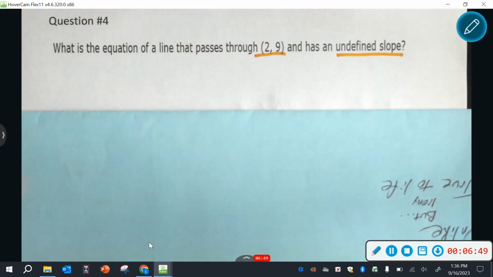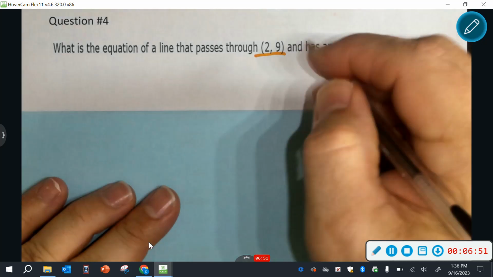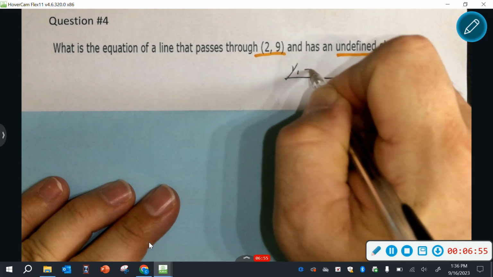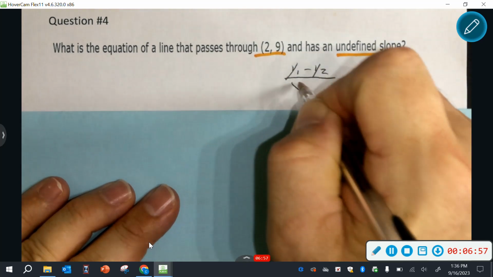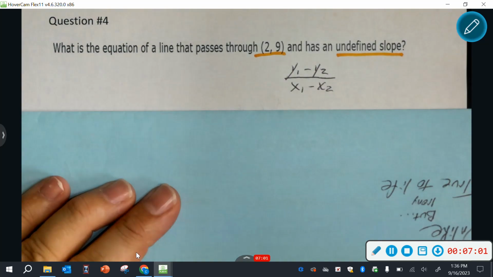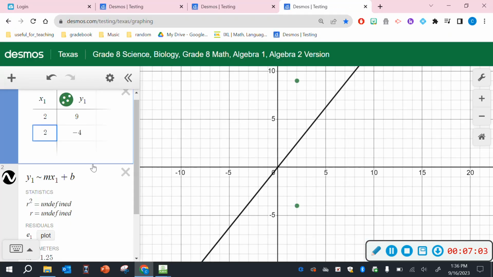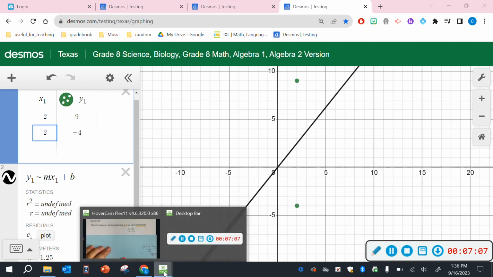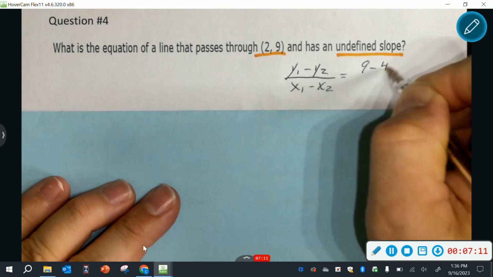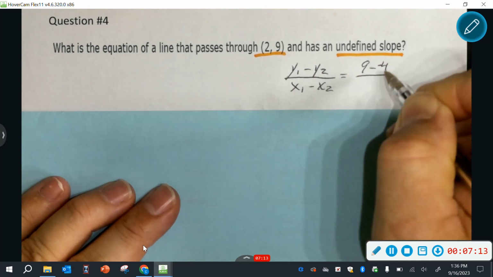Remember, to get the slope, we subtract the y's, y1 minus y2, over the x's, x1 minus x2, okay? So if I go back to here, we got 9 minus 4 on top, or minus negative 4 on top.